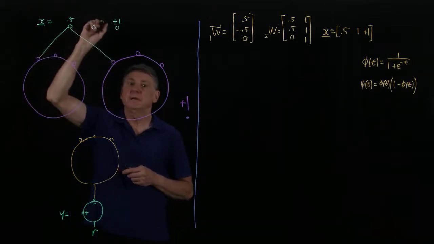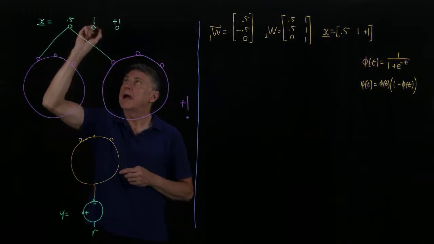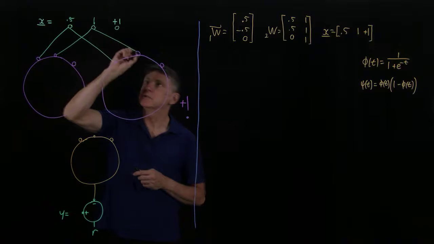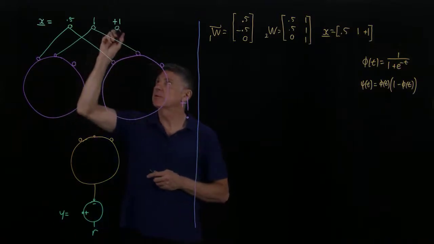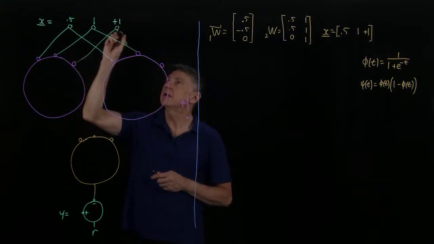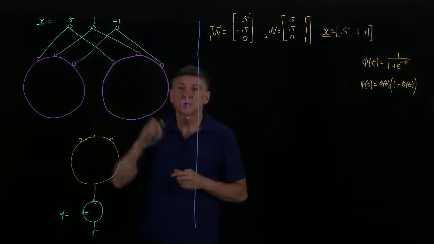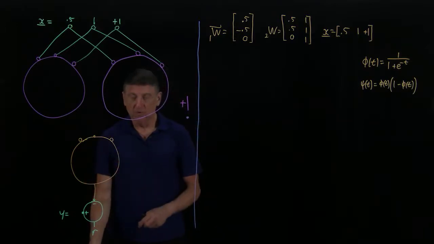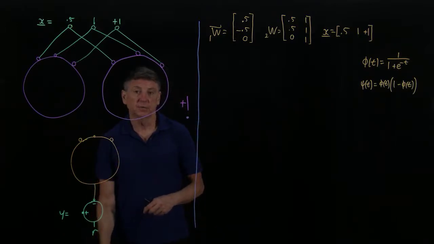This will be the value 1, and that will go to this neuron and this neuron. And then this value of plus 1 will go to this neuron and to this neuron. So we've now taken our data 1 form and we've propagated it into the network.